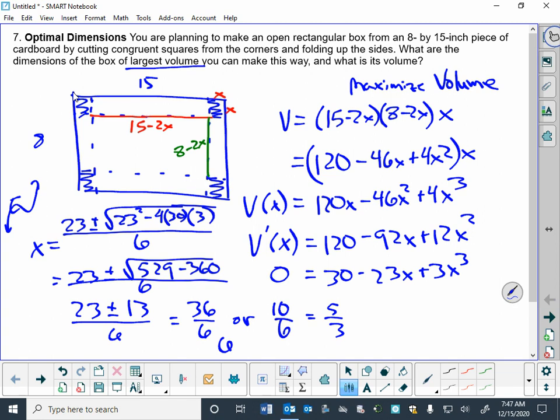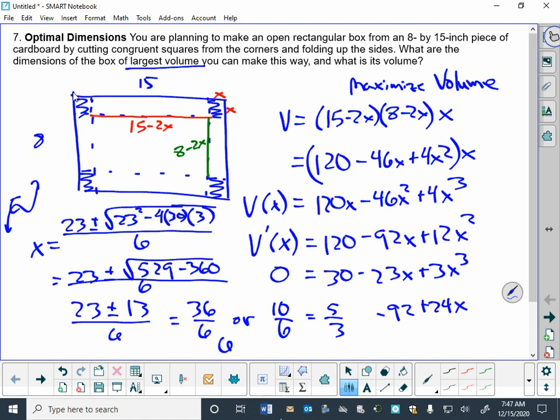However, if I try to put a 6 in for x in this problem, let me do a second derivative real quick so we can test this. That's going to be negative 92 plus 24x.